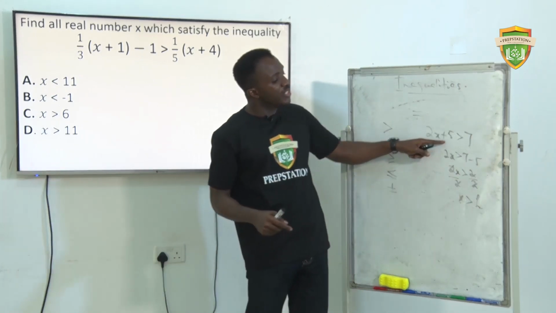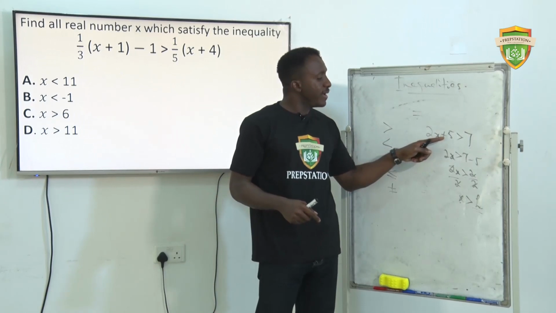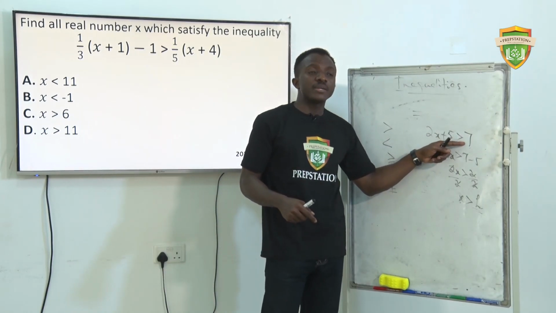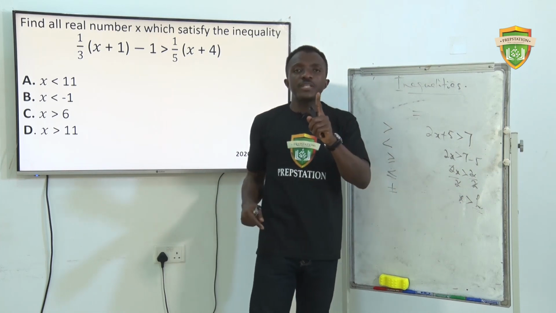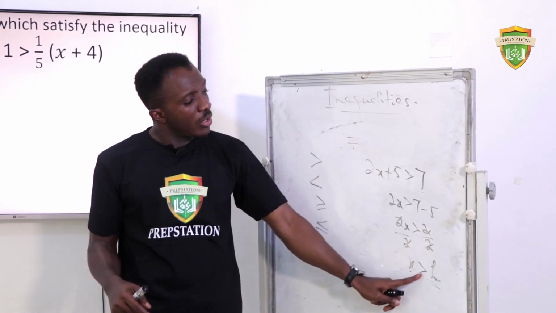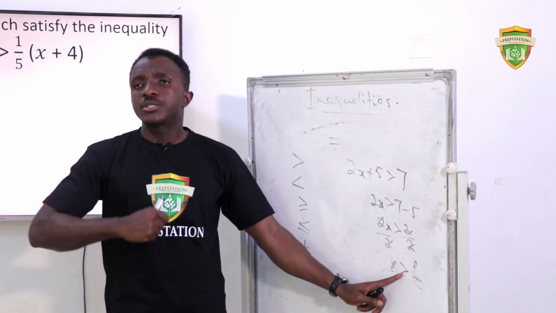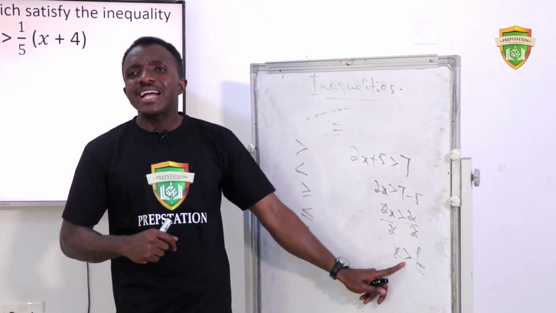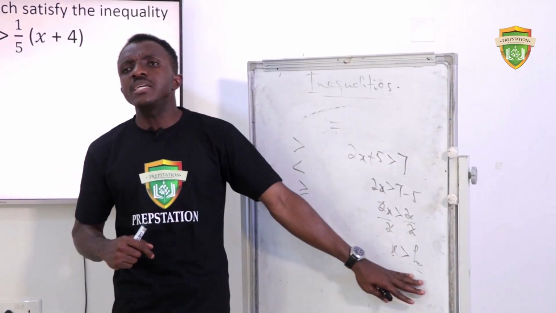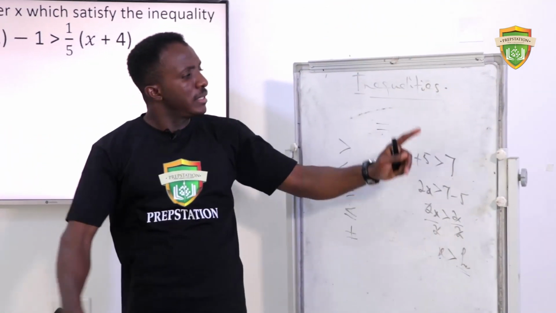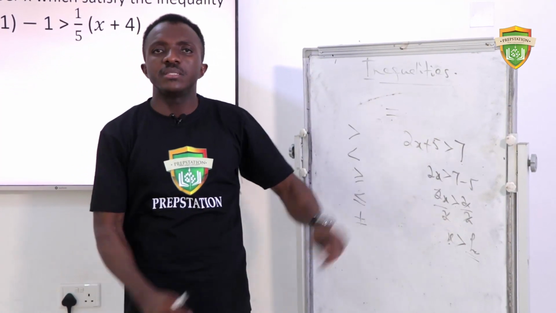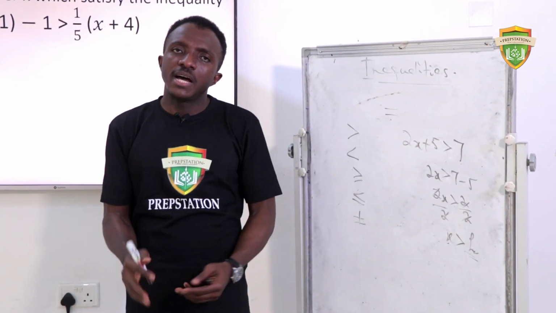When we solved this question earlier, when we had the equal sign here, we had 1 for the answer. But now we have an inequality. We've changed the equal sign to greater than. Now what we have is x is greater than 1. What this means is that all the numbers that are greater than 1 satisfy this inequality. You see the difference?